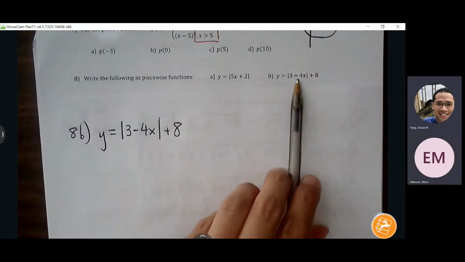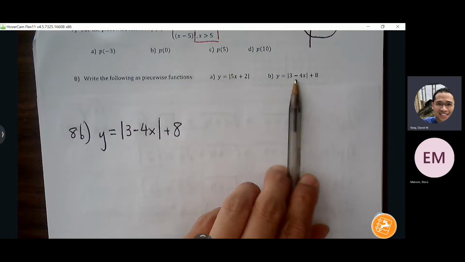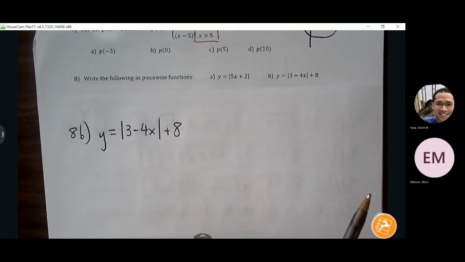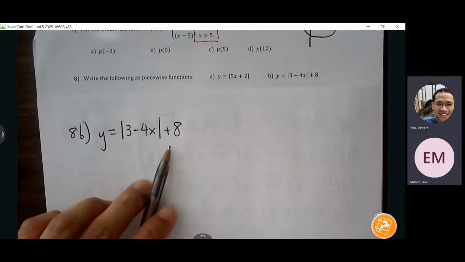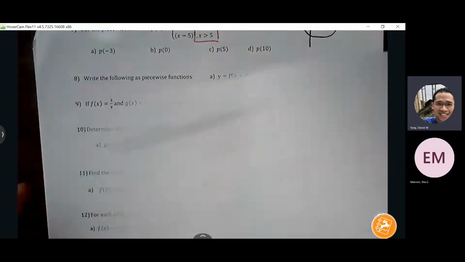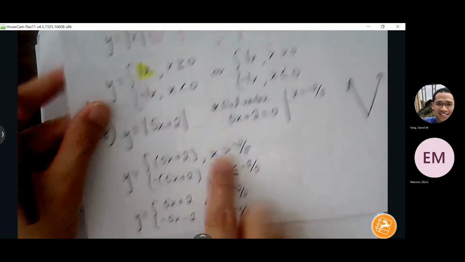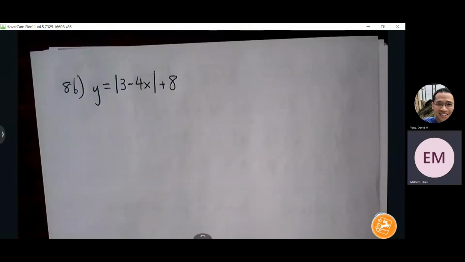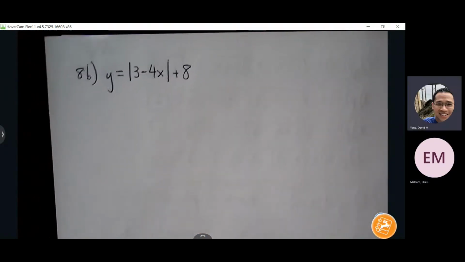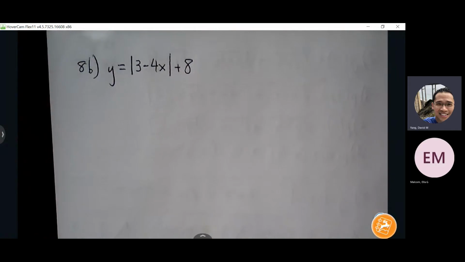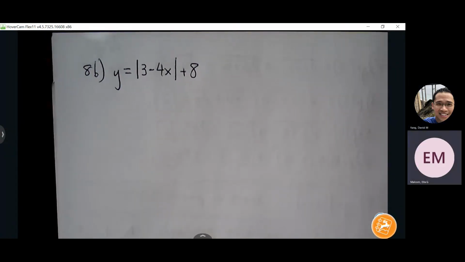The x value of the vertex is just going to be what's coming from what's inside the absolute value bar. But that +8 is still going to be a part of my expression that I write here. But I'll show you where that +8 is going to come into play a little bit. Got it.